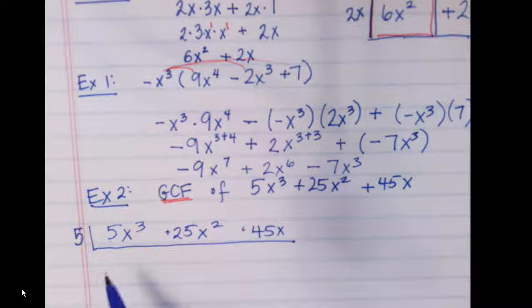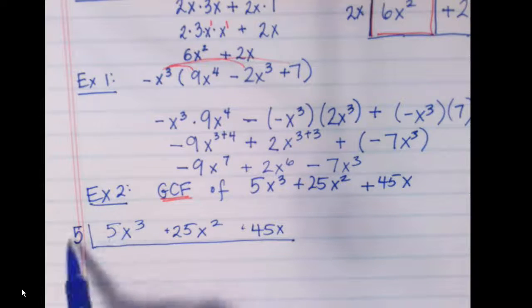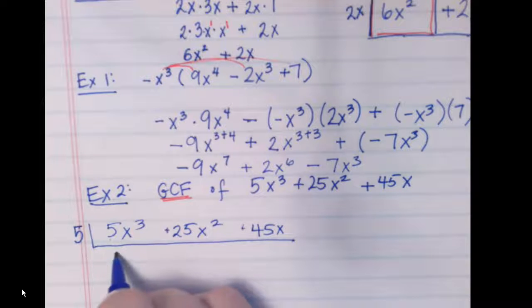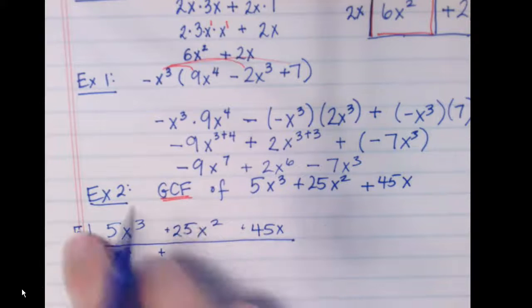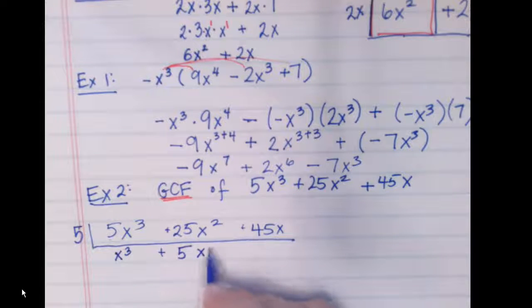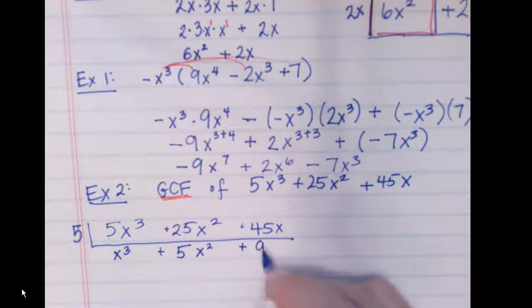So I'm going to write my 5 out to the side, and I'm going to do this term divided by 5. So I end up with just plain old x cubed. 25 divided by 5 is 5. And 45 divided by 5 is 9.